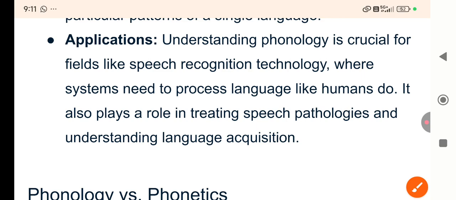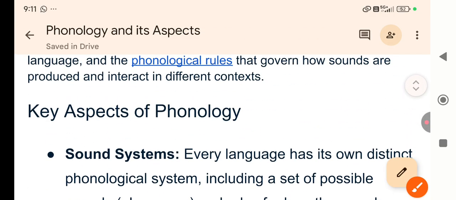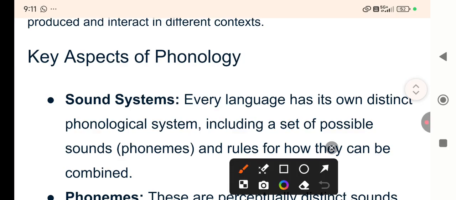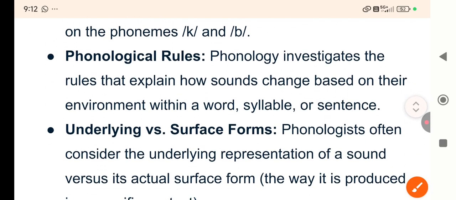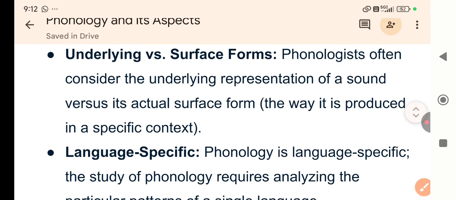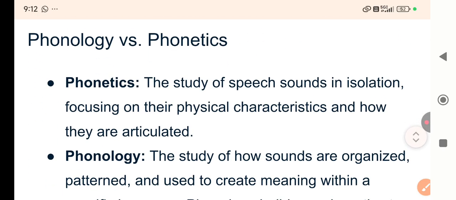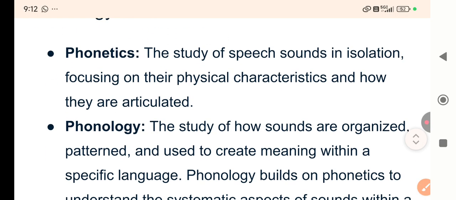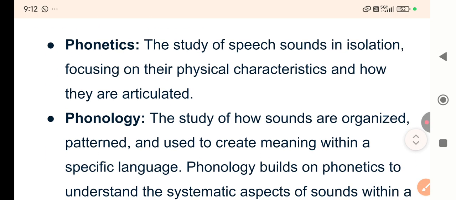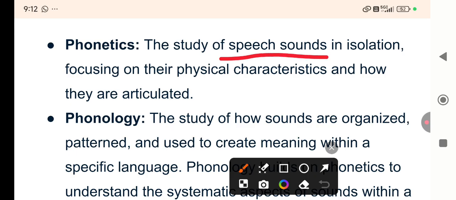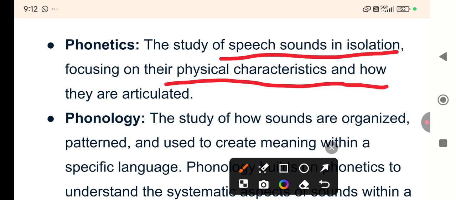Okay, so these are the different key aspects of phonology, like sound system, phonemes, phonological rules, underlying versus surface forms, and then language specific applications. Now, phonology versus phonetics. Phonetics is the study of speech sounds in isolation, focusing on their physical characteristics, how they are articulated.